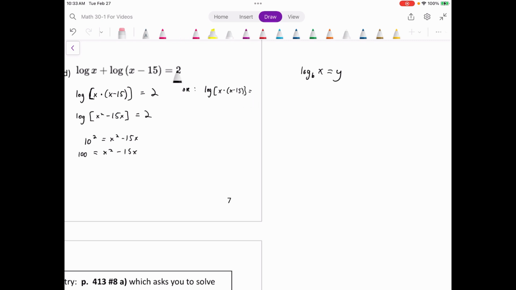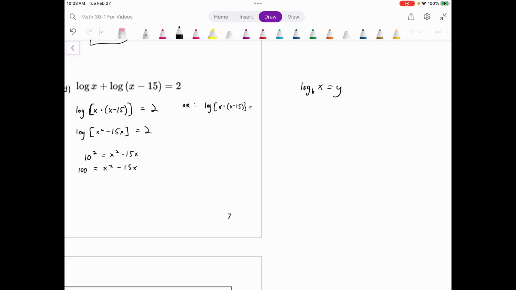How could we write 2 as an equivalent logarithm in base 10? Well, log base 10 of what would equal 2, right? That's what we're essentially trying to figure out. What needs to go here to make log base 10 of something equal 2? Well, 10 to the power of 2 is 100. So log base 10 of 100 is 2. So we could have done this as well.